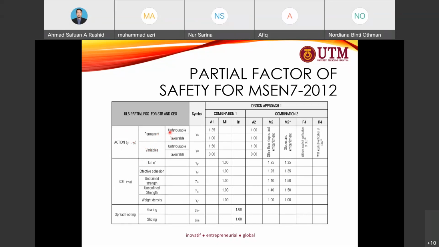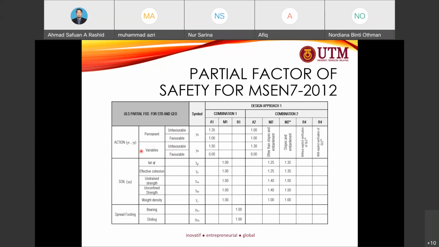Unfavorable means the conditions that we do not want, that we most hate, for example failure or settlement. Normally in design we choose the unfavorable because we want to measure the most critical action that could be sustained by the structure.